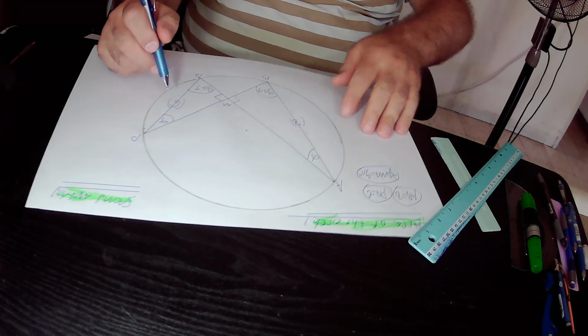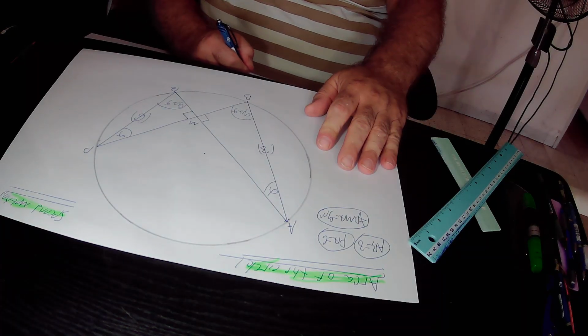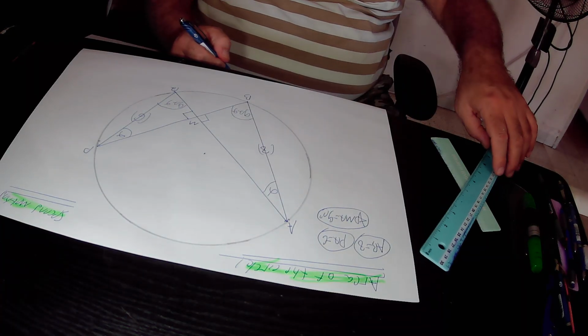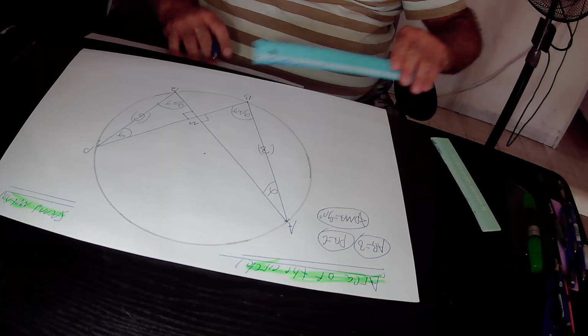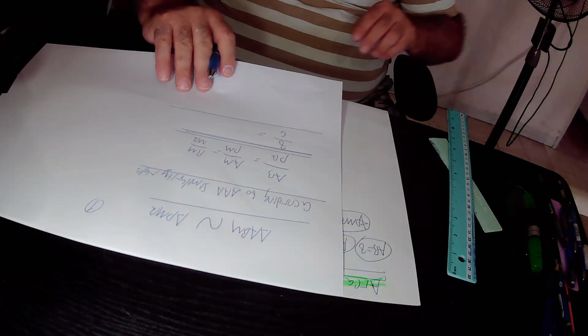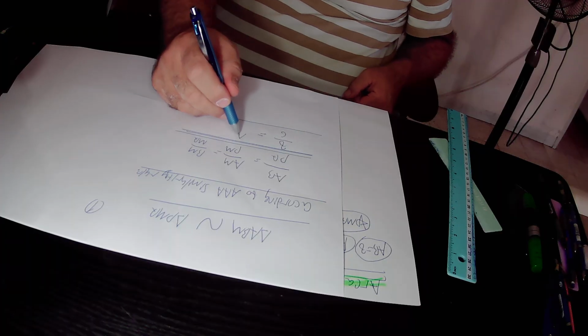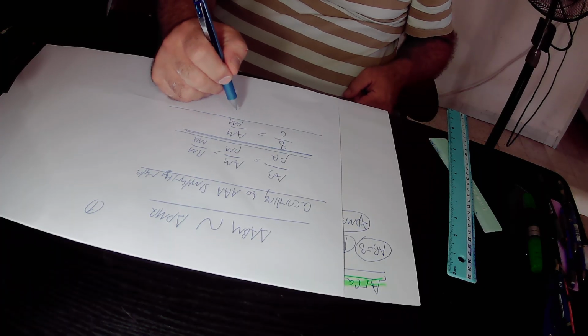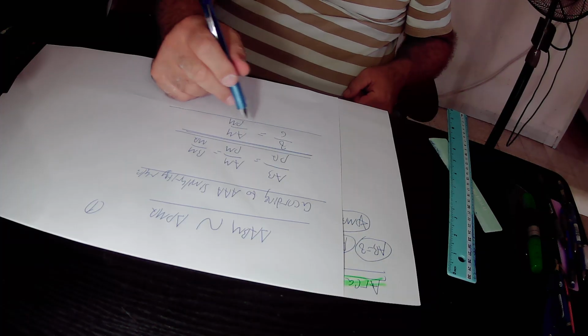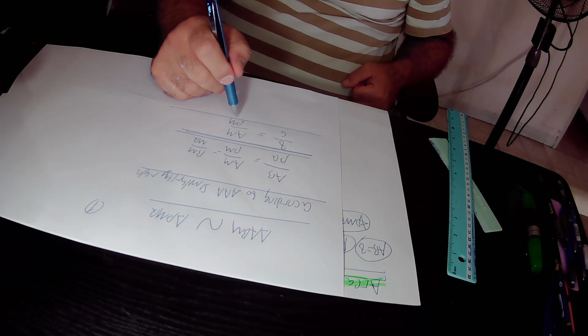So PQ equals 6, and it is equal to AM over PM. So in total we found out that 8 over 6 equals AM over PM.